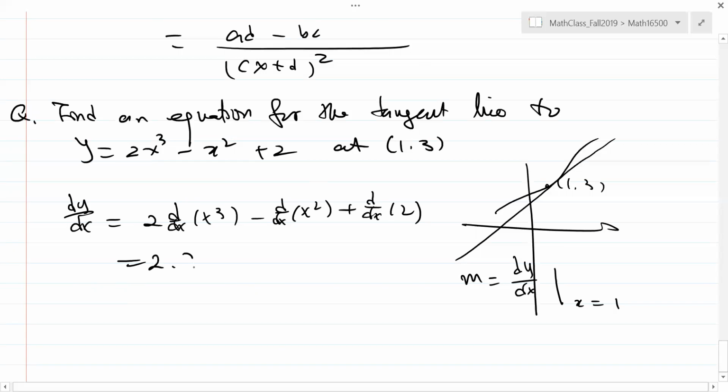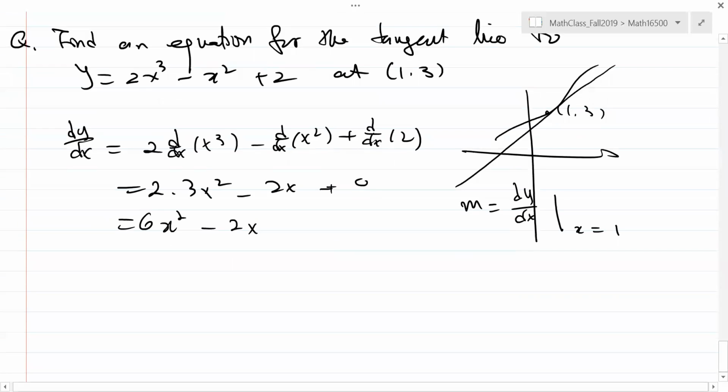So you get 2 times 3x squared minus 2x plus 0. Okay, so you get 6x squared minus 2x.